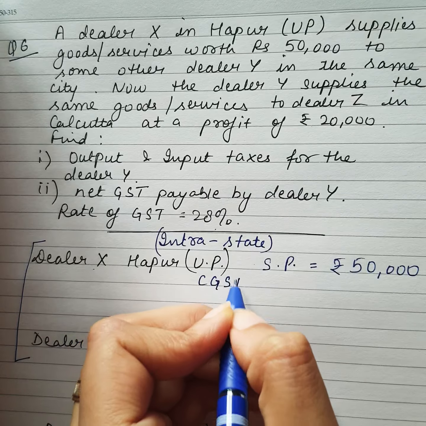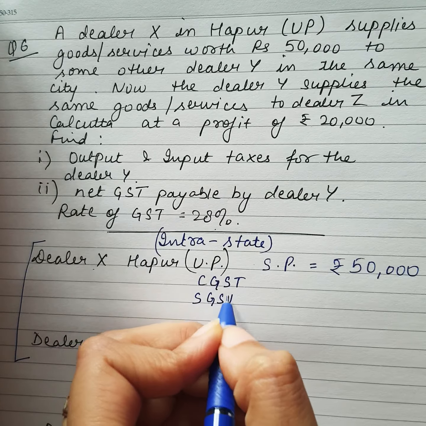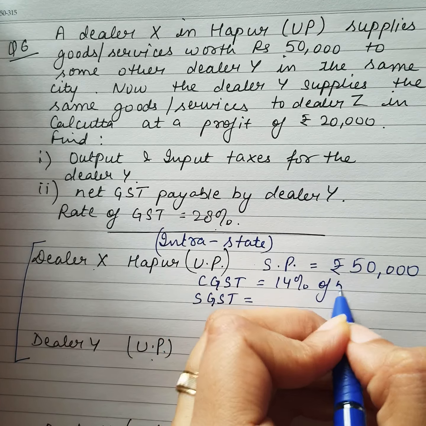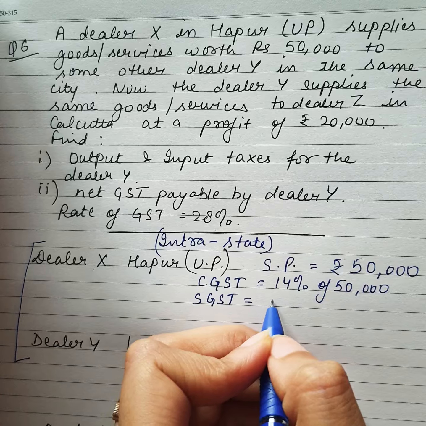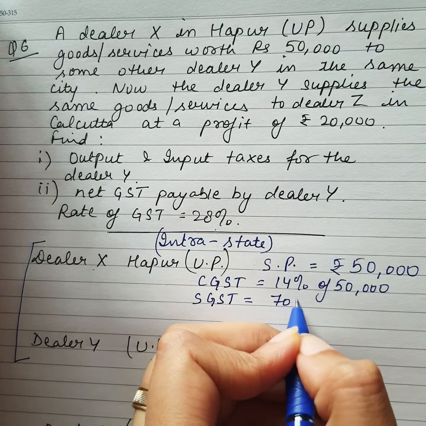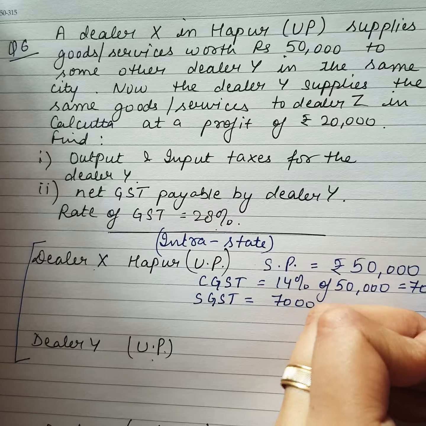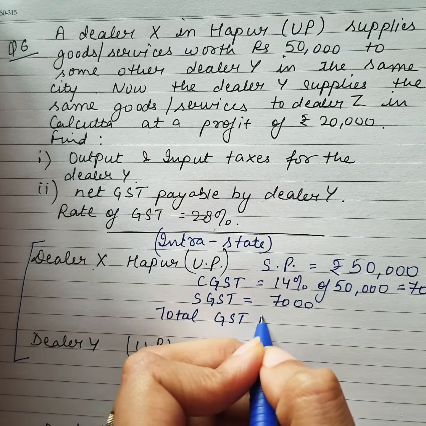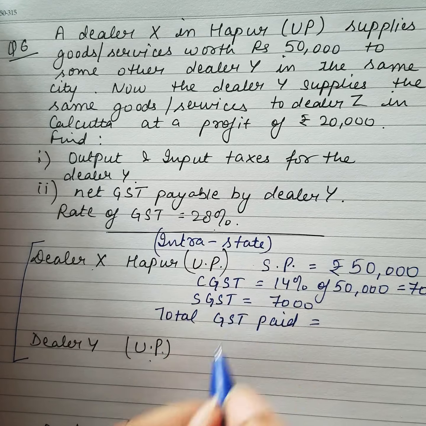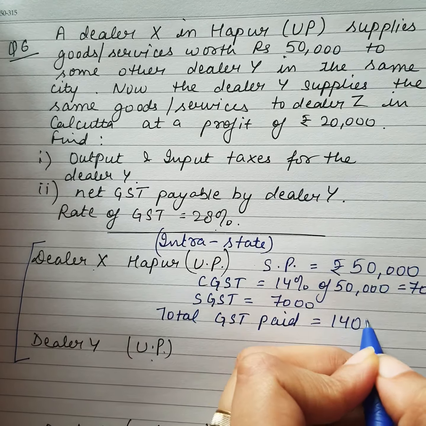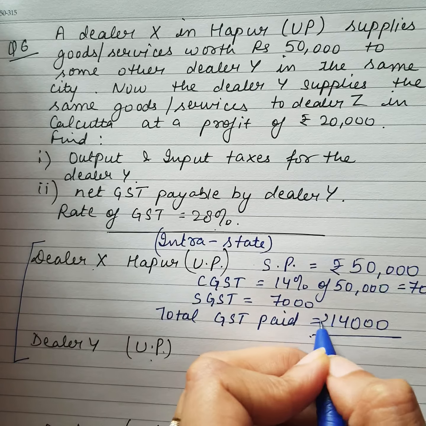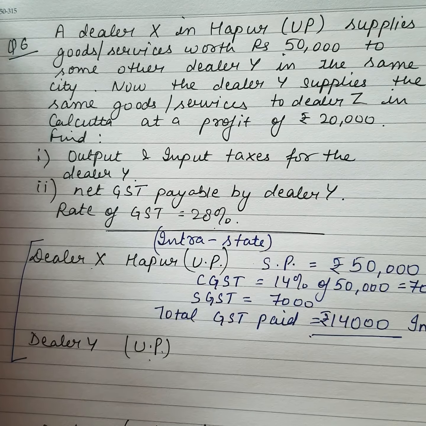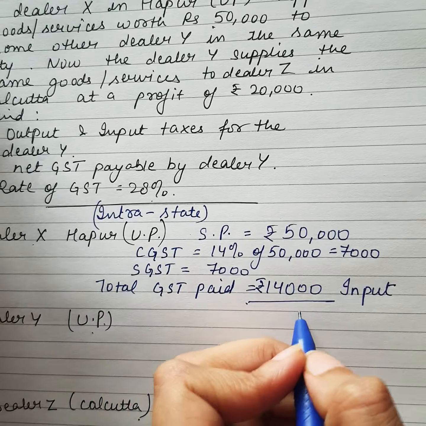So CGST and SGST while selling the product will be applicable. So half, 14% of 50,000, and same here. So the values are 7,000 each. So the total GST paid from Hapur to UP is 14,000 rupees. So this is the input tax on purchase.